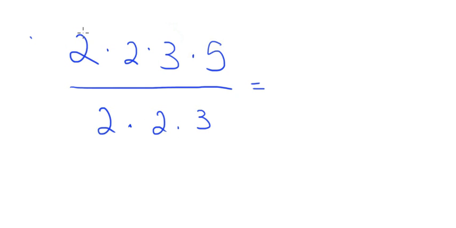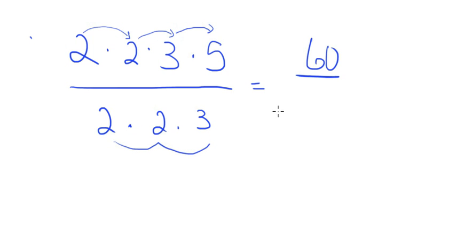What is 2 times 2? Okay, what is 4 times 3? What's 12 times 5? 60. Okay, what's 2 times 2 times 3? Okay, so you agree that that becomes 60 over 12. I can reduce that to what? Yes. 60 divided by 12 is 5.